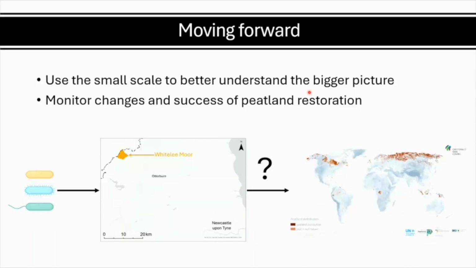And hopefully that will allow us to use microbes and eDNA to monitor the changes in peatlands as restoration occurs, and also start thinking about, is restoration being successful? That's obviously for a couple of years down the line, but so far there's some promising data, and I might be back in a couple of years to talk more about that.